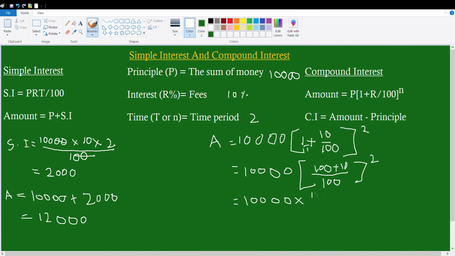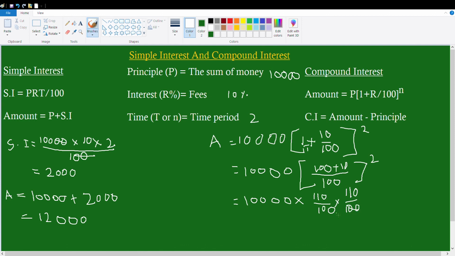So I am going to write directly 110 upon 100 multiplied by 110 upon 100.